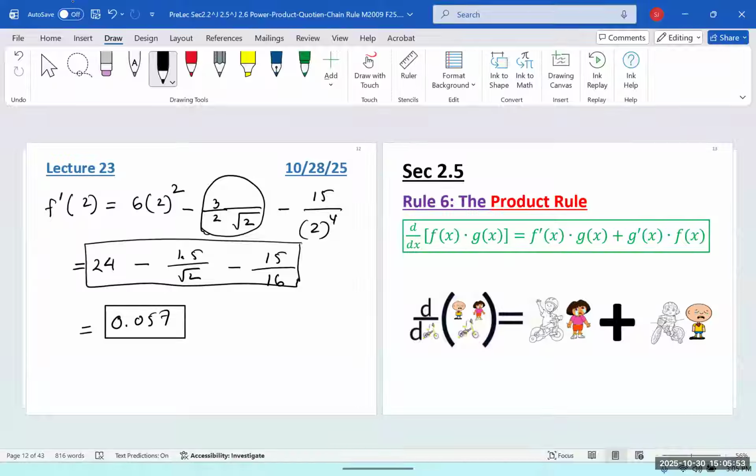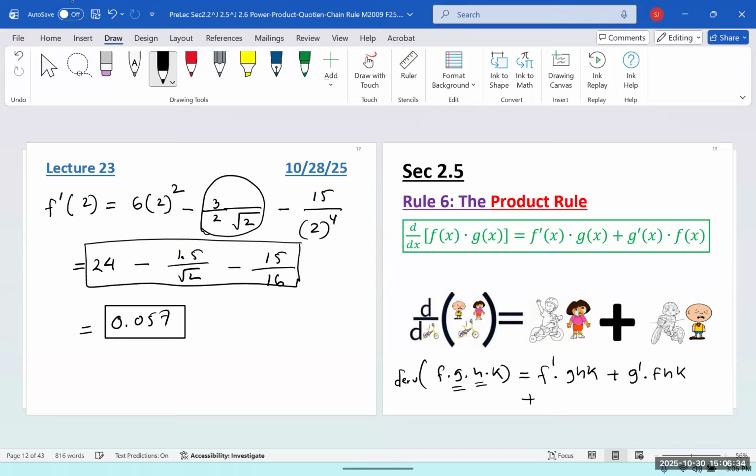So here we have only two, but let's say we have 4 functions. Find the derivative of f times g times h times, let's say k. How do you find the derivative? First, you find the derivative of one function, multiply by all the other functions unchanged. Then plus, take the derivative of the second function, multiply by all the other functions unchanged. So f h k.